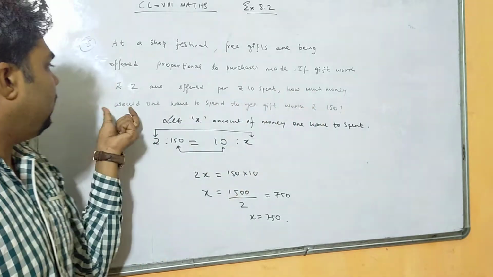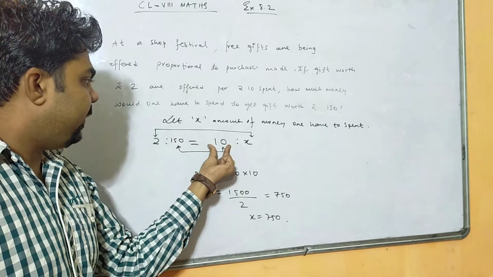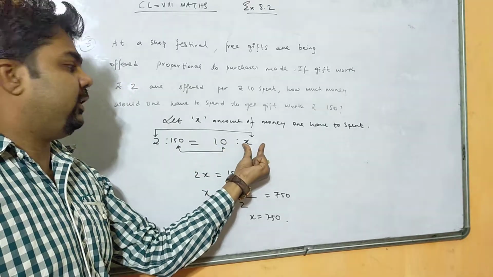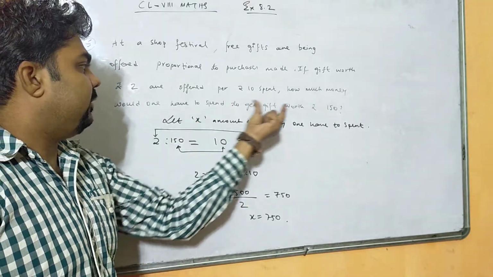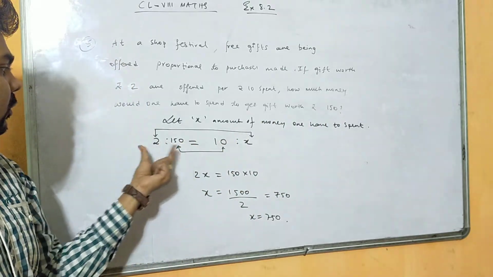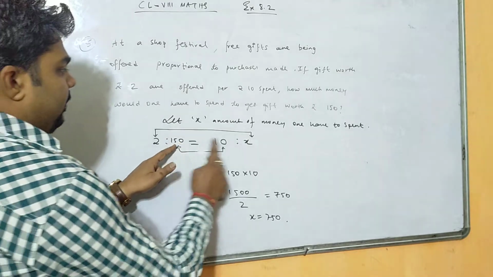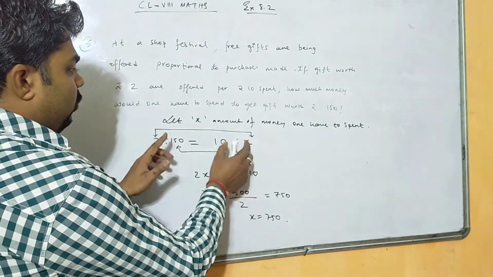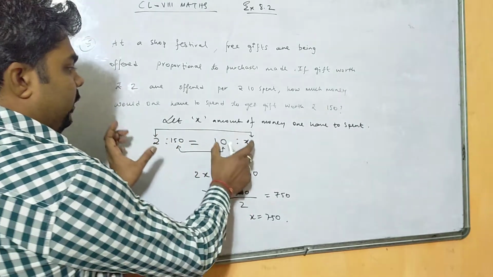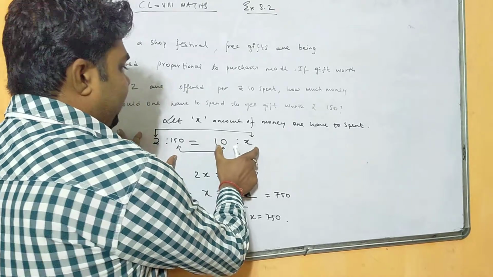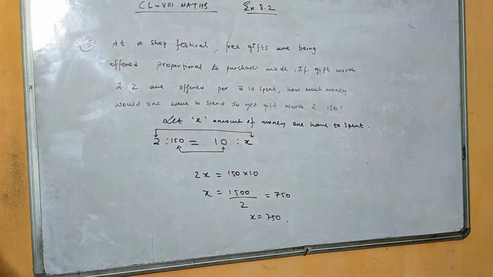How much money would one have to spend? That means the spent portion we have to write here. Let us consider x money is being spent when the gift is rupees 150. So now we will multiply here. Initially when I placed 150 here, the units were not the same. So the units of both the ratios should be in the same line. So this is the required answer.